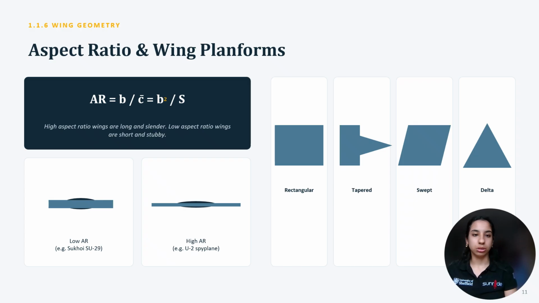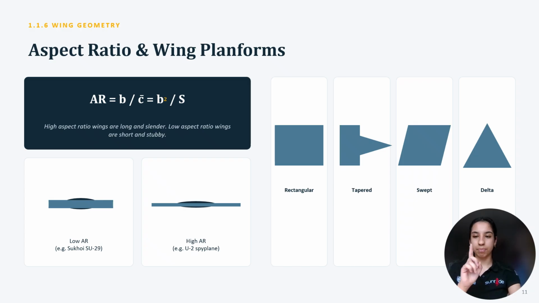So aspect ratio, you can calculate it in two different ways, depending on what variables are given to you in the question. You could do it by dividing the span distance by the mean chord.